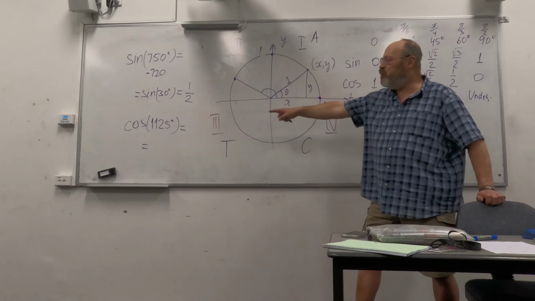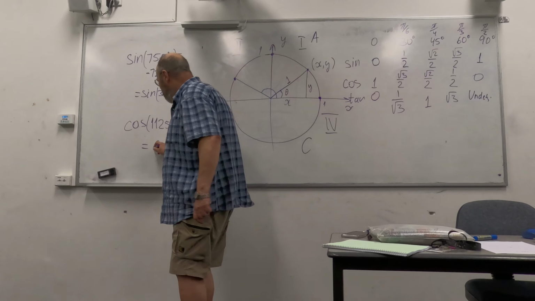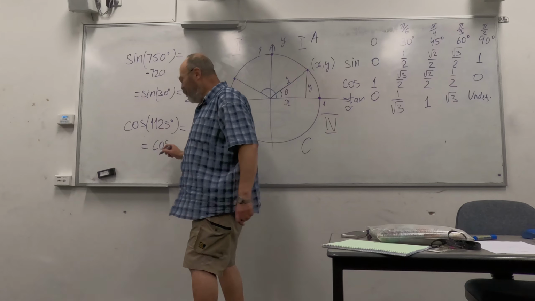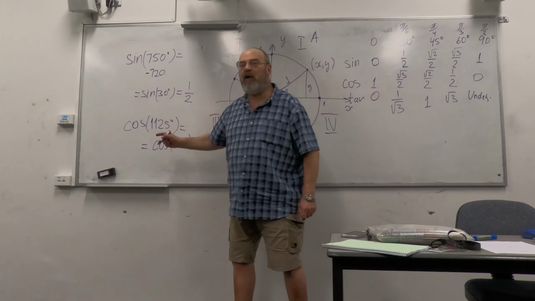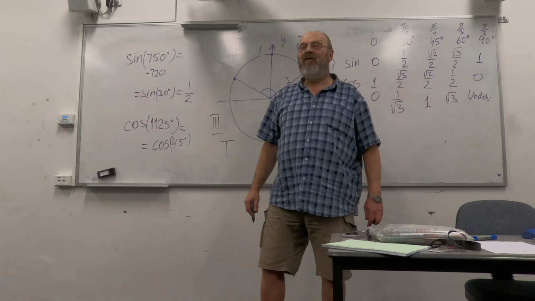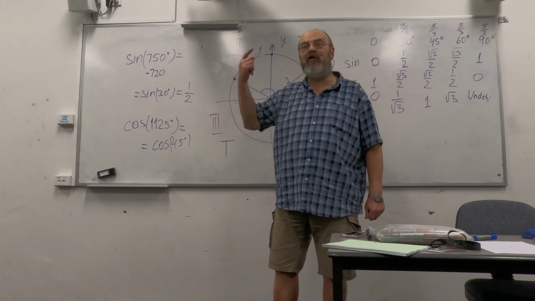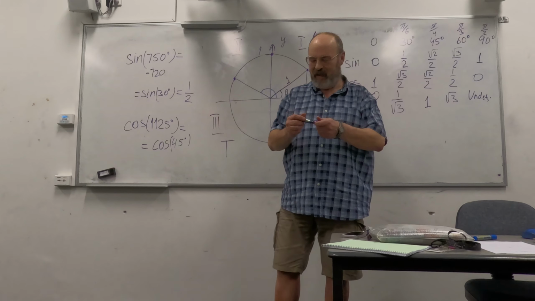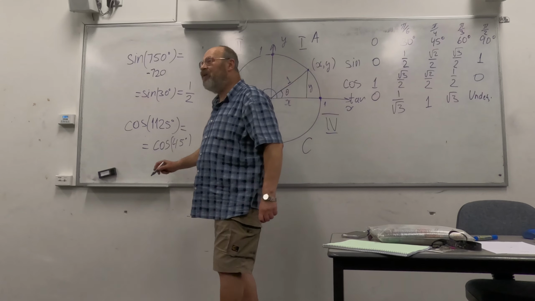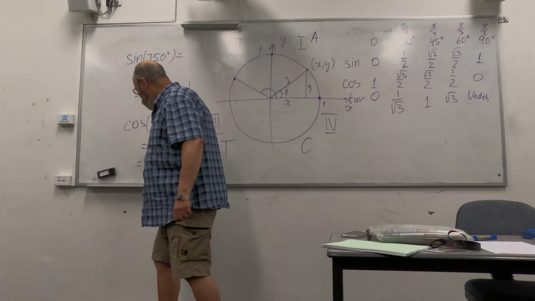What will this be equal to? Cos of 45 degrees. It's equal because we minus 1080, which is 360 times 3. So cos 45 equals root 2 on 2.